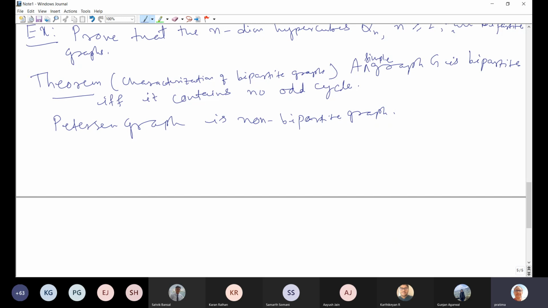Let me tell you what this metric means and how we define the distance concept in a graph.